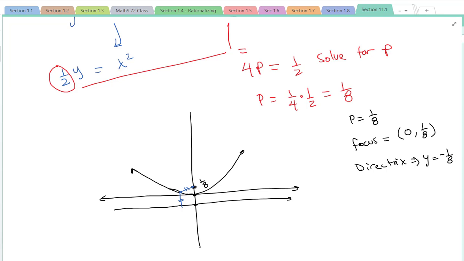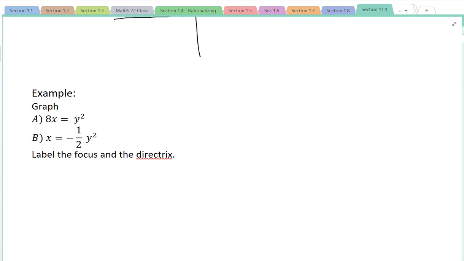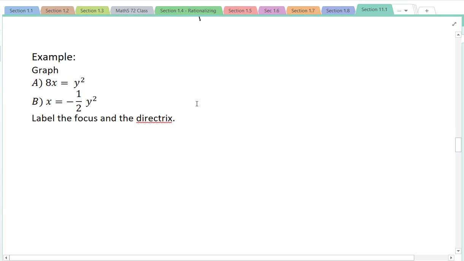So what does a horizontal axis parabola look like? Let's try an example of that. For this example, part A, we want to graph 8x equals y squared.